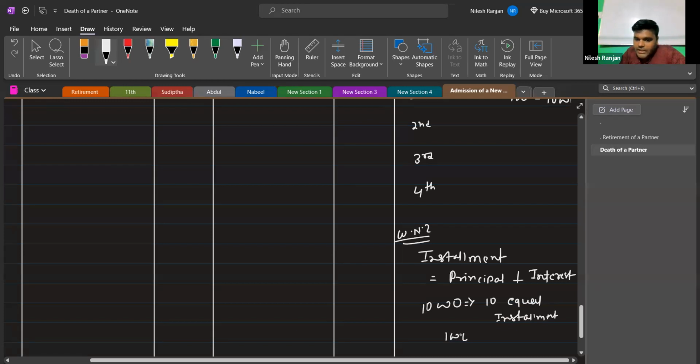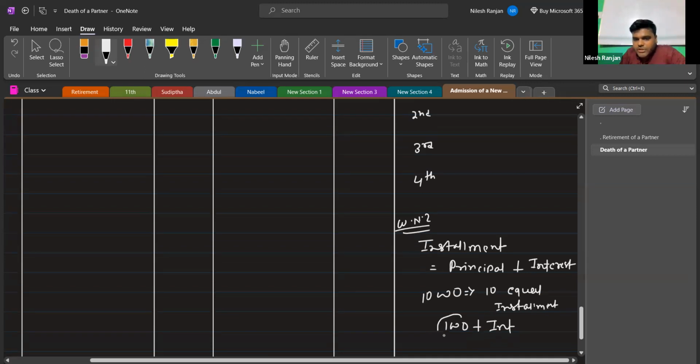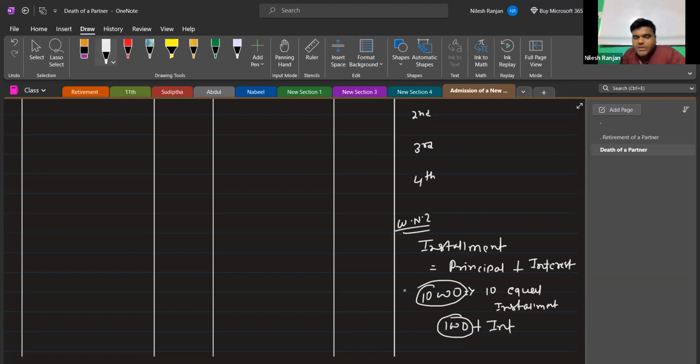And you have to pay also interest on this amount. So plus interest. So this is your principal. Total principal amount is the amount you borrowed.